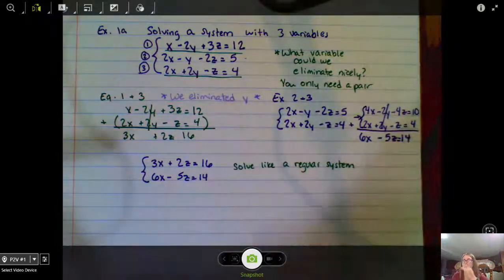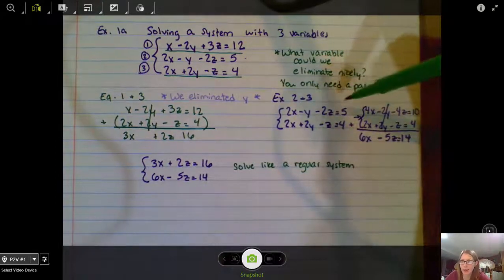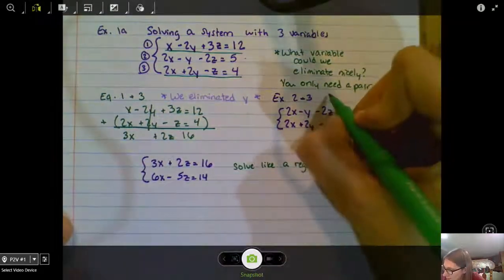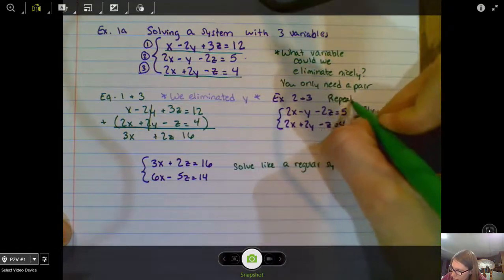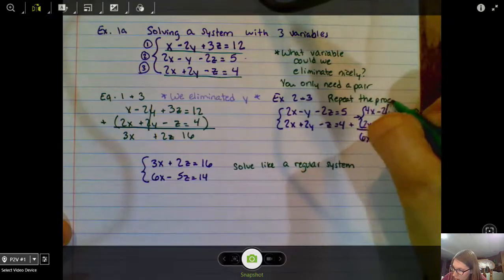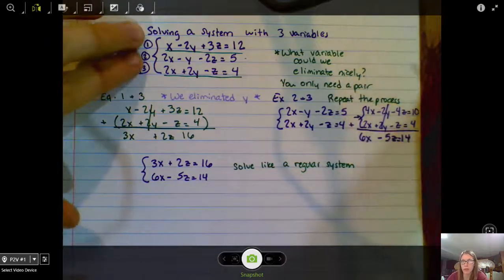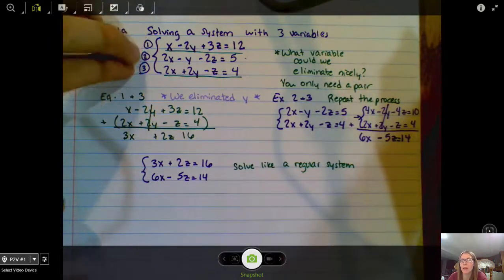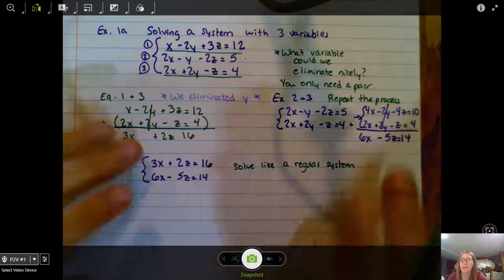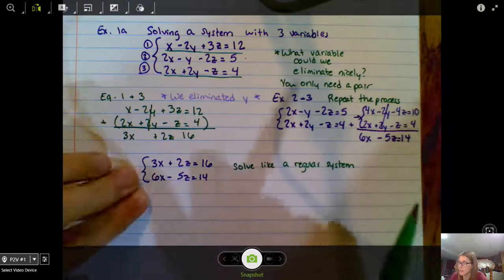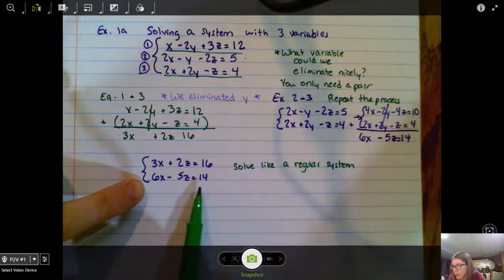Just recapping our steps so far: we thought about what variable we could eliminate nicely, and you only need a pair. After that, we repeat the process, eliminating the same variable but with a different pair of our original equations. We started off with equations 1 and 3, and then we did equations 2 and 3. Now we're solving our resulting equations like a regular system.